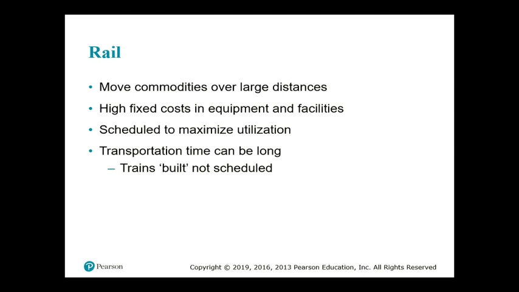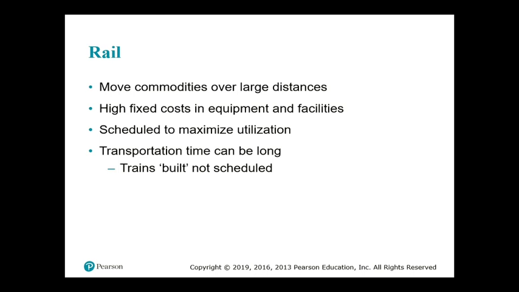Another consideration for rail is that even though it's called scheduling for trains, actually trains are more built than scheduled, because traditionally, in order to take advantage of economy of scale, a train cannot depart unless a certain number of cars are accumulated.